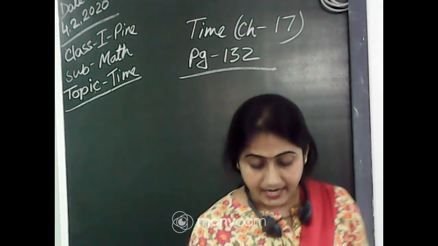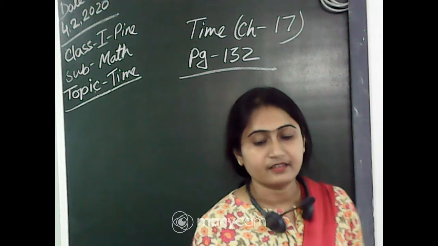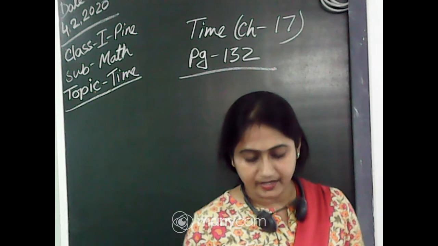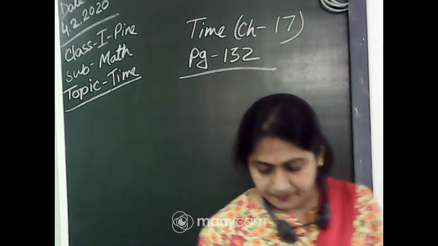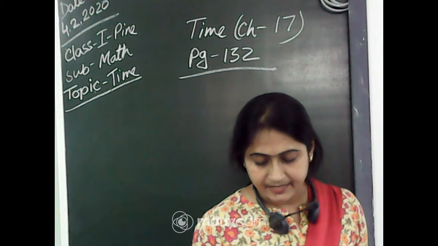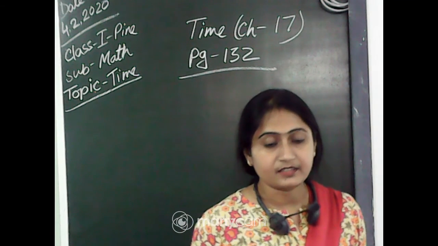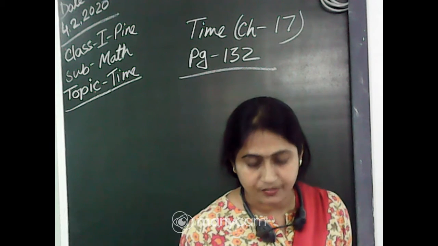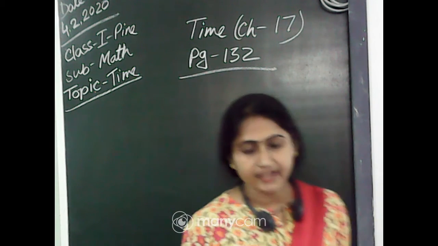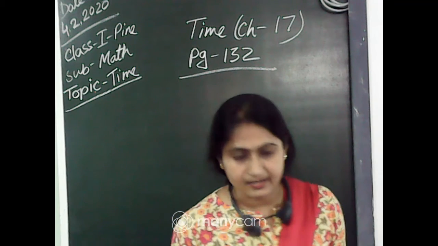These are the parts of the day: morning, noon, evening, night. Day means a whole day, 24 hours. One day is equal to 24 hours.